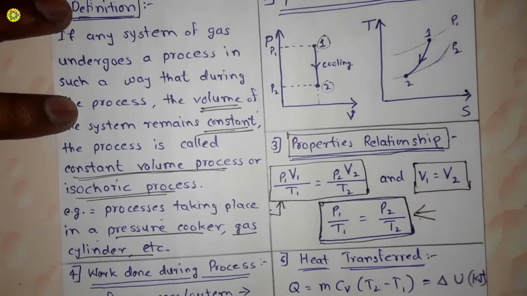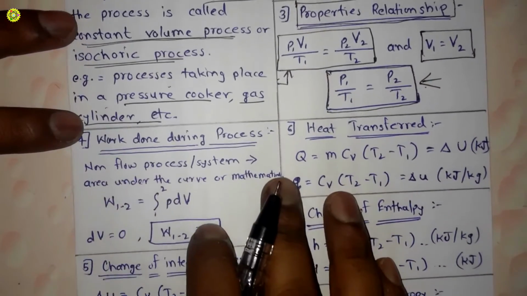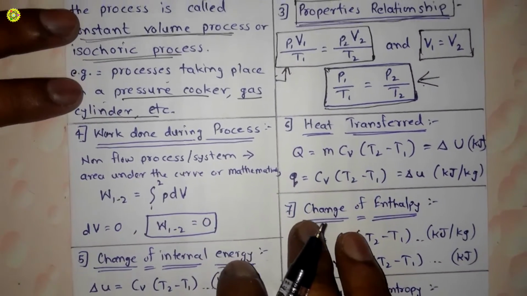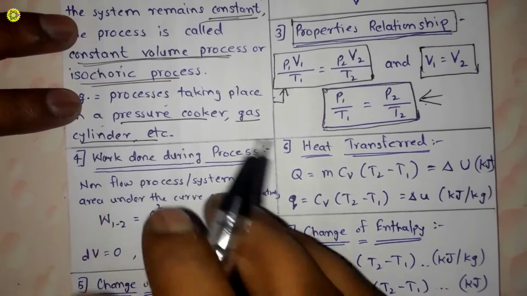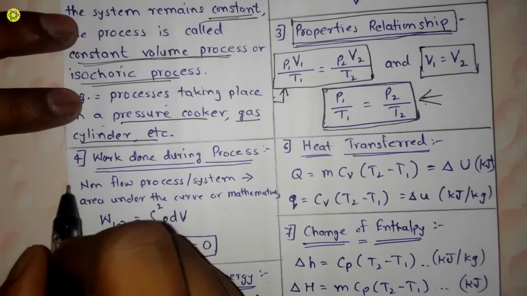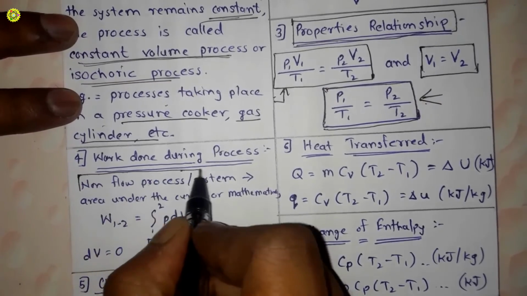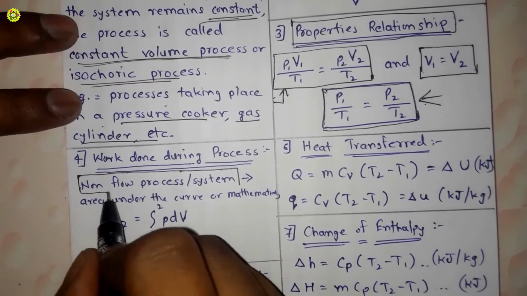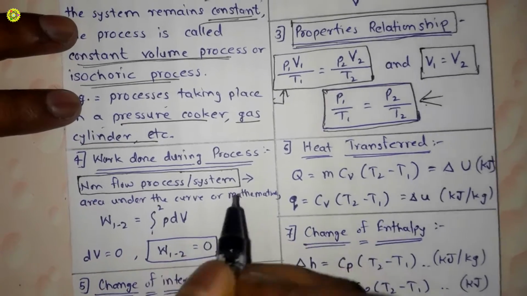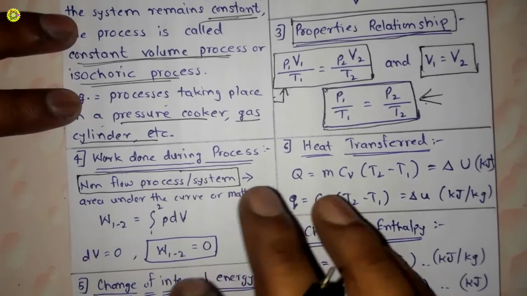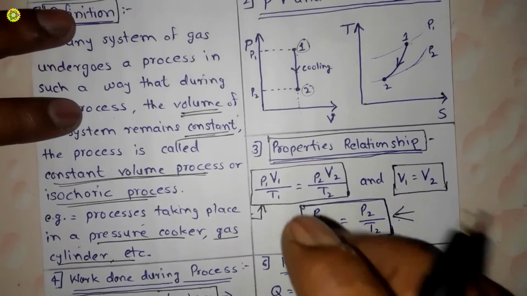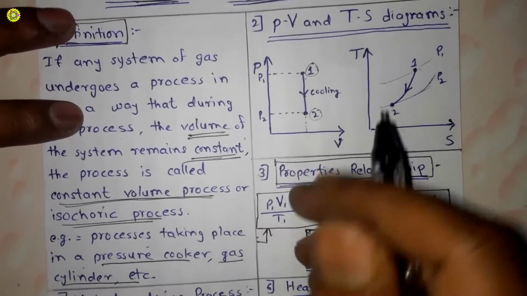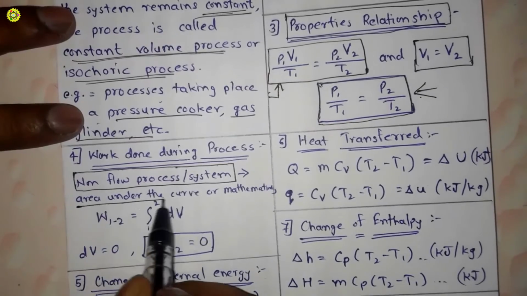Now further we will see the work done during the process. As we know, this constant volume process is a non-flow process, or you can call it a non-flow system. Work done can be calculated from the PV diagram also, by the area under the curve.